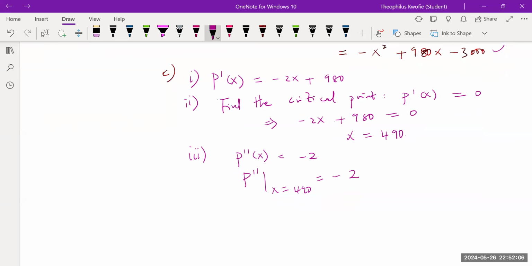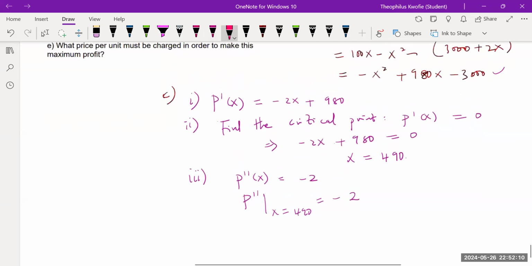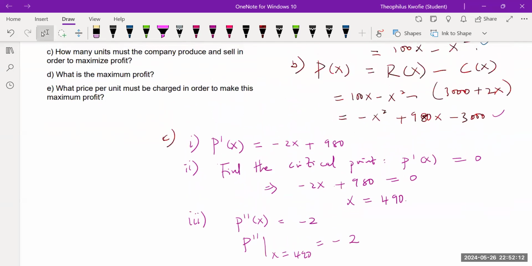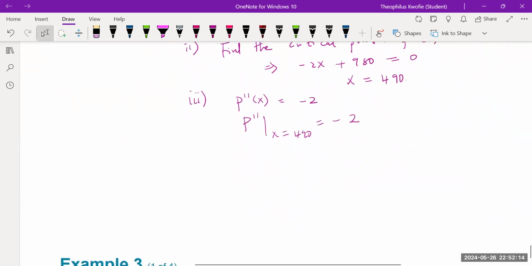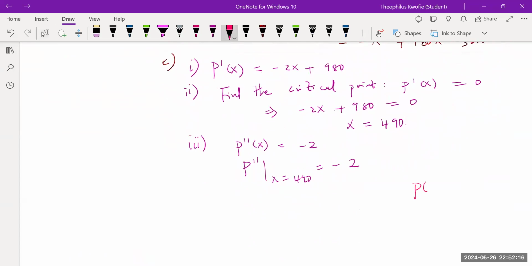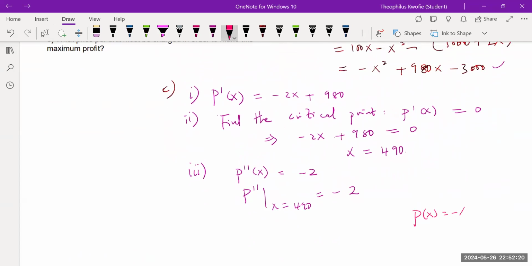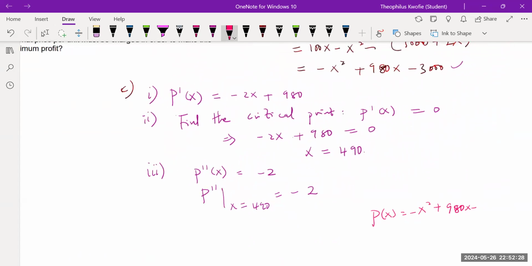Now, the final thing we need to do is to evaluate the main function at the critical value. Now, what is the main function? Our main function is p of x equal to minus x squared plus 980x minus 3000, right? Good.